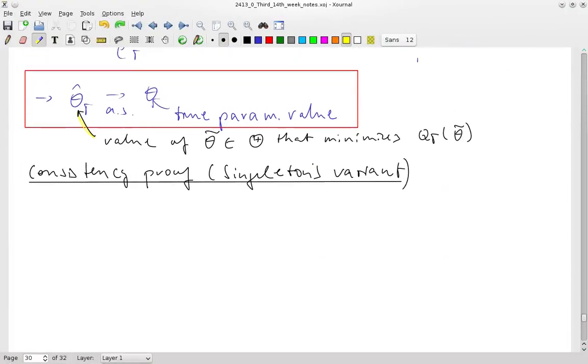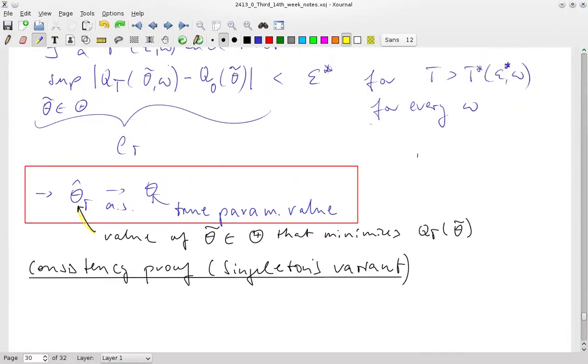Well, the starting point of the proof is an intelligent choice of this epsilon star value, which, remember, should be an arbitrarily small value that's bigger than 0.